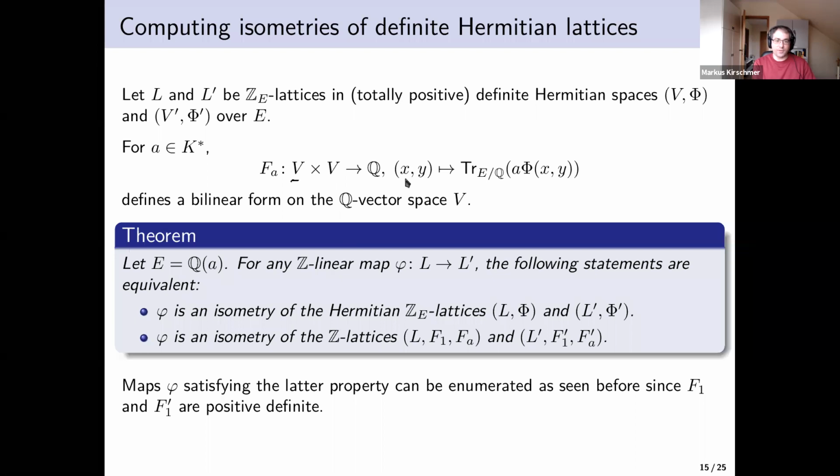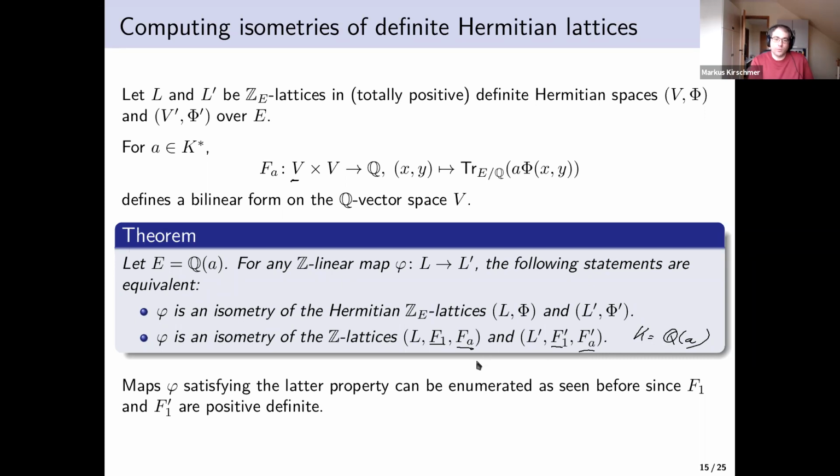I define the form to map x, y to the inner product of x and y with your Hermitian form, multiply by A, and then take the trace. That is a bilinear form over the rationals. And it turns out that a Z-linear map from L to L prime is an isometry of Hermitian lattices if and only if it's an isometry of Z-lattices and it preserves F1 and F1 prime, and it preserves FA and FA prime, where A is a generator for K over Q.